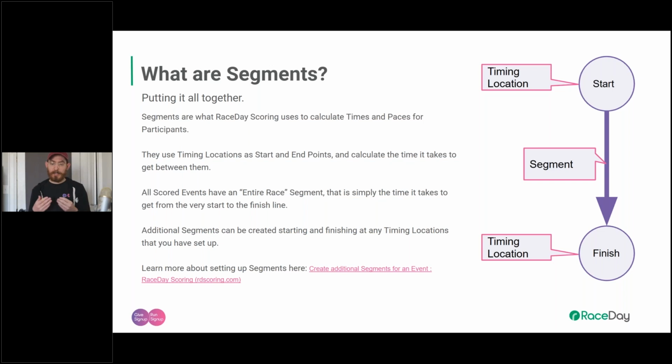So I have a timing location called start, a timing location called finish, and there's a segment that connects the two. Basically, it's the difference in the time at the finish from the time at the start. That will give us our entire race segment, essentially, if you're doing chip scoring. If you're not doing chip scoring, it'll use the actual start time. You can always create additional segments starting and finishing at any timing location that you have set up. You can learn a bit more about setting up segments here.